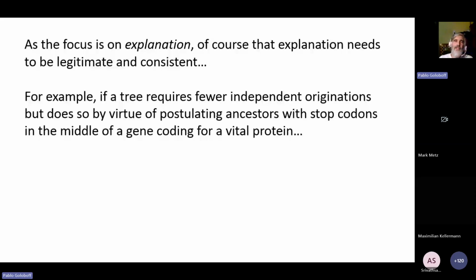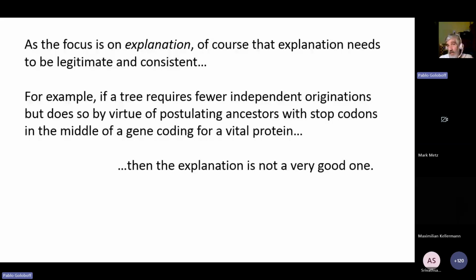For example, if a tree requires fewer independent originations, but does so by virtue of postulating ancestors with stop codons in the middle of a gene that codes for a vital protein, we know that such an ancestor could not have existed. Then that explanation is not a very good one. You have to be careful with the kind of explanations you do if you have some additional knowledge of what counts or doesn't count as a possible explanation.